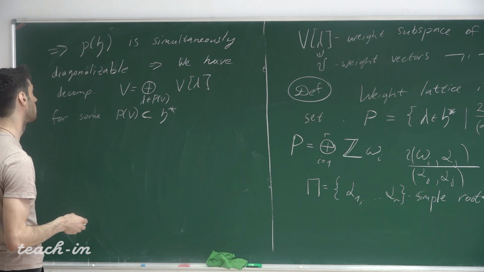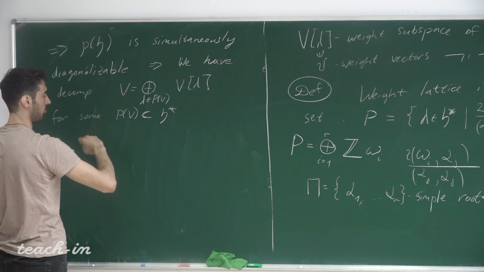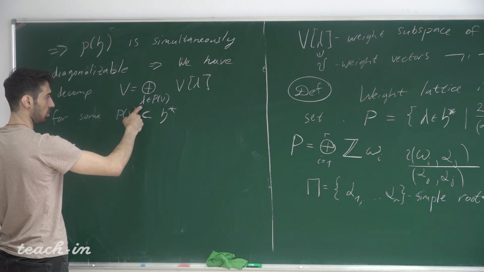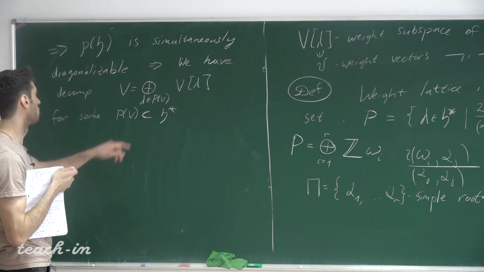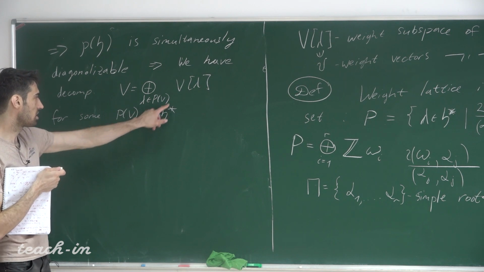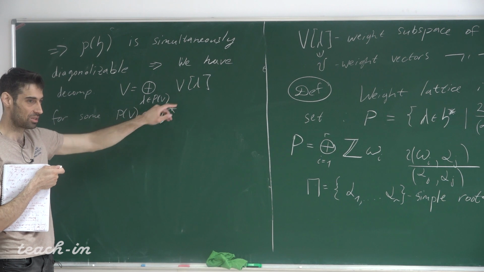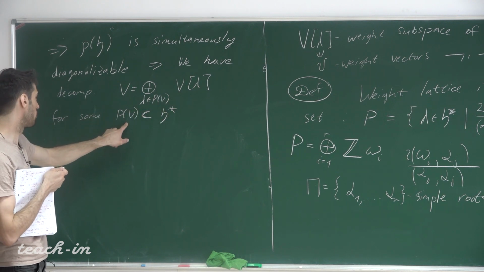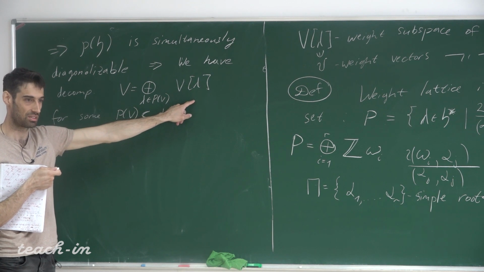Of course, we don't want to include in P of V any elements of H star such that V of lambda is 0. So P of V is by definition all lambda such that V of lambda is not 0.